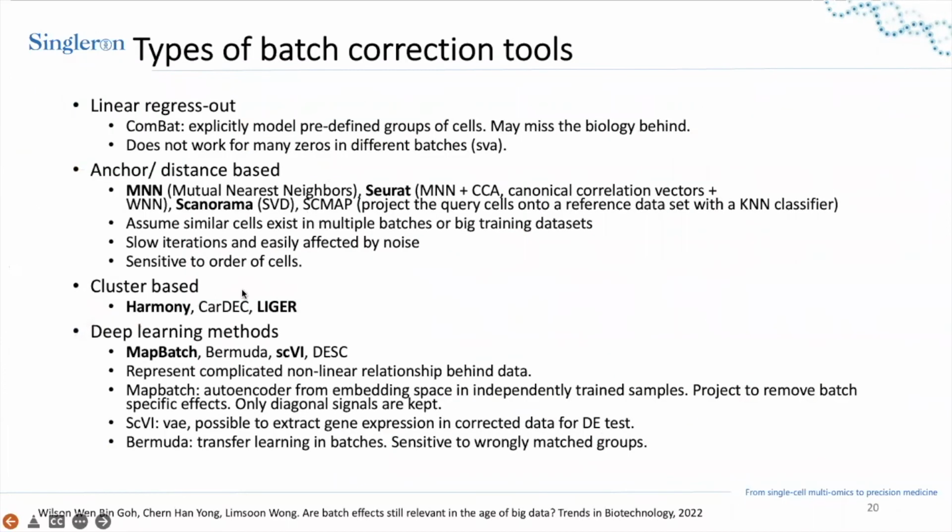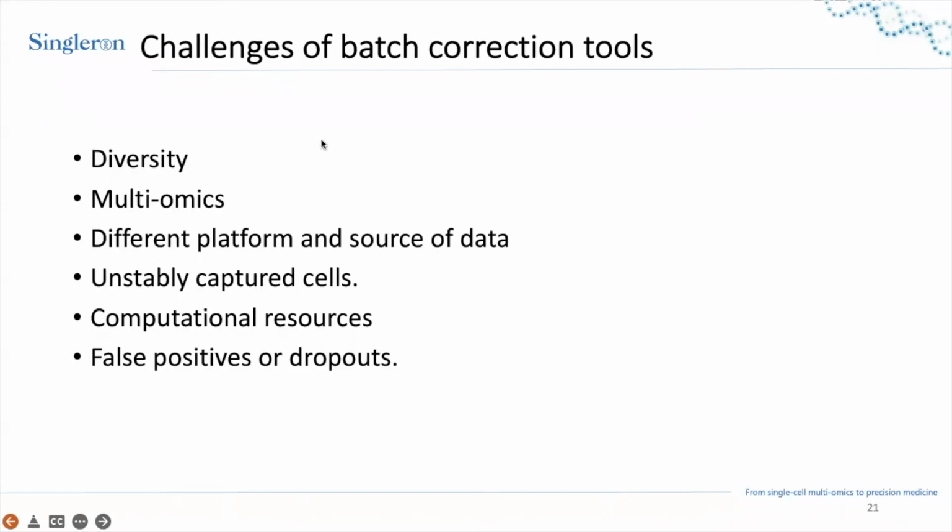Right. So to summarize, each of the tools has different pros and cons, and we highly recommend MapBatch if you are trying to find those rare cells between different conditions of the metadata of the samples. And there are, of course, different challenges for different batch correction tools, like how to capture the diversity, how to handle multi-omics, how to source the data, and what about the computational resources.